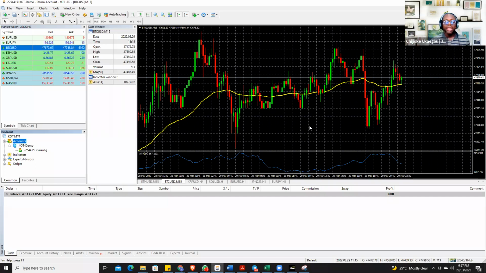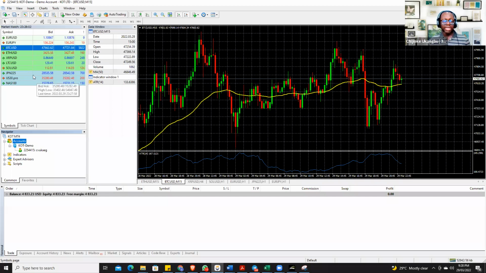Now, once you have your demo account set up, you want to make sure that you are ready to trade. Over on the left-hand side here, I've already set mine up to show the symbols that I am interested in.